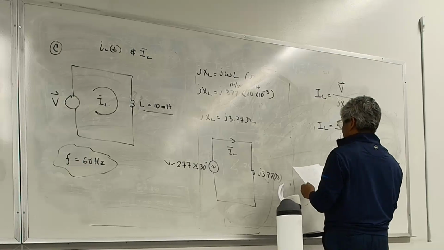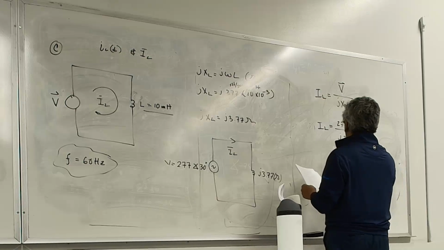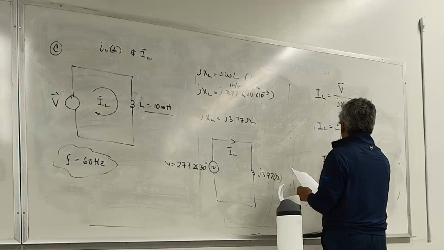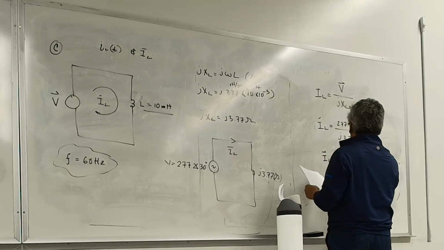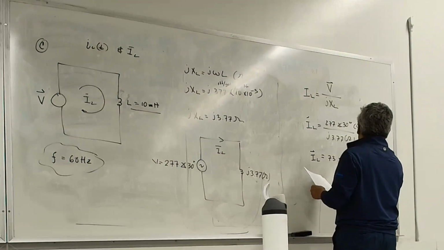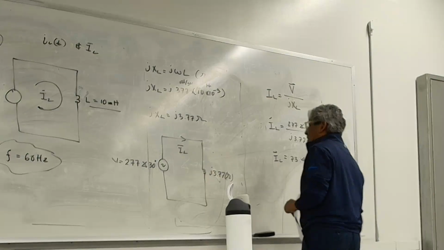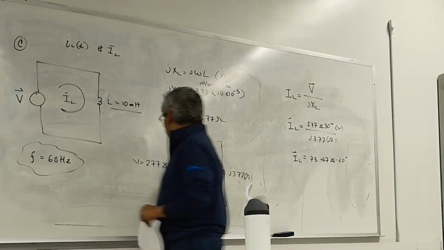So if I do that, I get IL phasor is equal to 73.47 angle of minus 60 degrees.